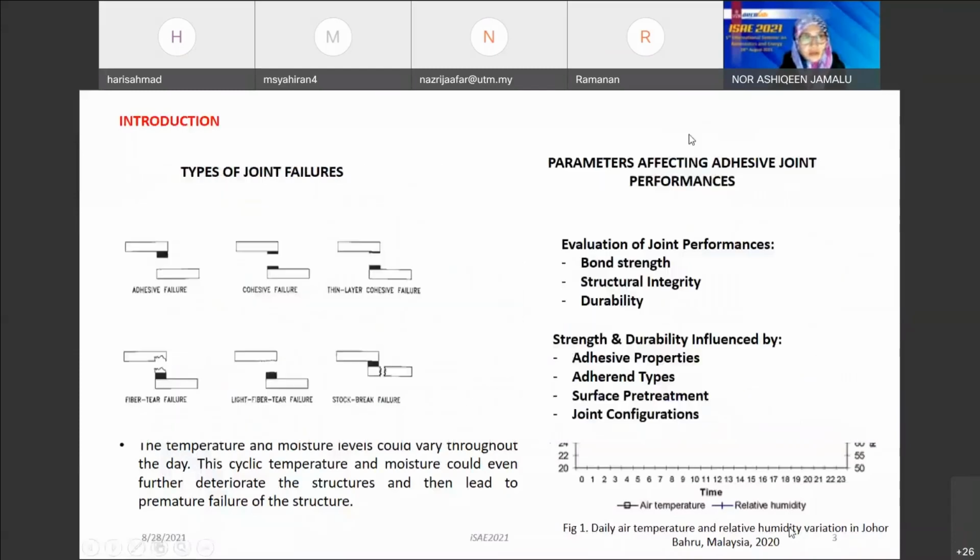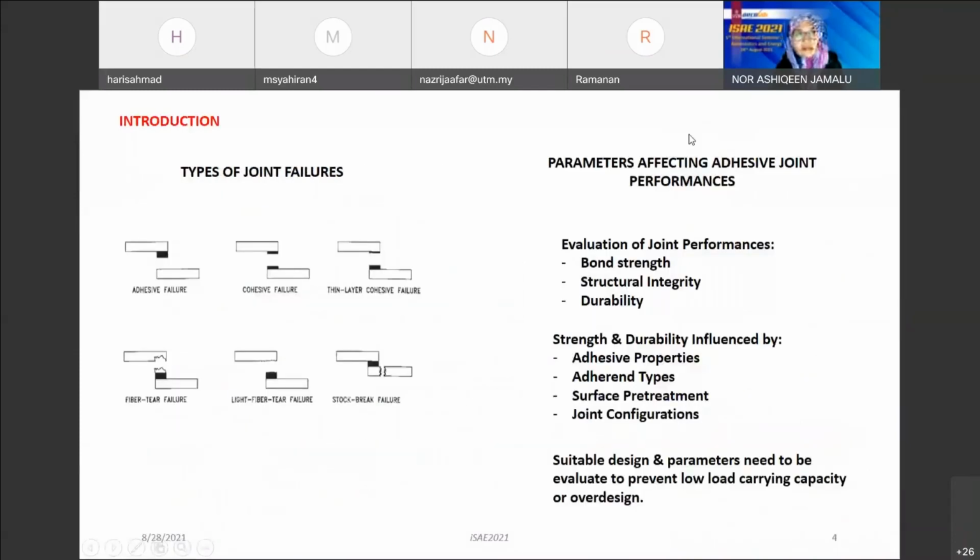Introduction to types of joint failure. We have six types of joint failure: adhesive failure, thin layer adhesive failure, fiber tear failure, light fiber failure, and break failure.